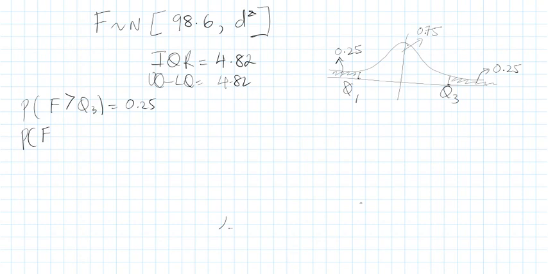It's 0.25 because that's the upper quartile. If you standardize it, it's the probability that Z is greater than Q3 minus 98.6 divided by D, equal to 0.25. But you wouldn't use F when you standardize it. Ah, yeah, sorry. I would write it as Z because it's standard now. Good point.